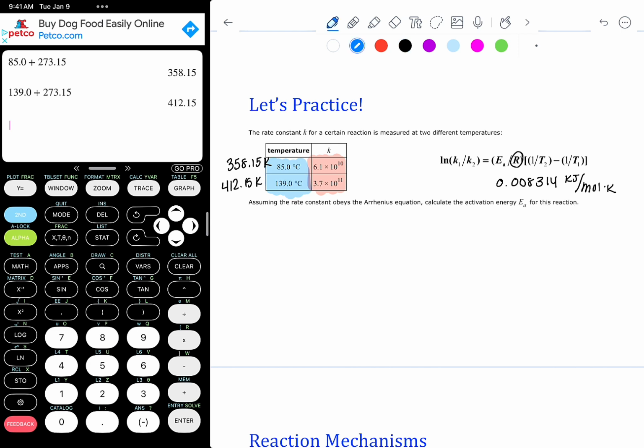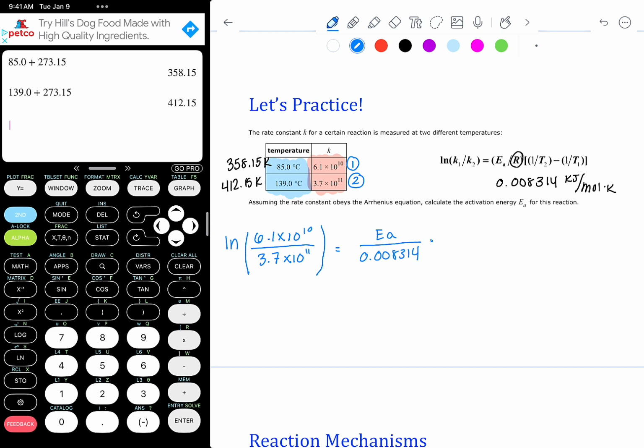So we have our natural log of K1, let's call this first one 1 and the second one 2. So K1 is 6.1 times 10 to the 10, and K2 is 3.7 times 10 to the 11. That's going to equal EA, which we're solving for, over R, which is 0.008314.